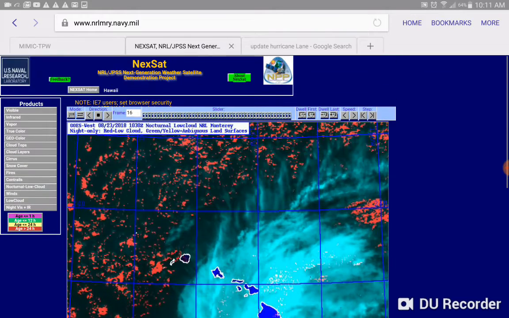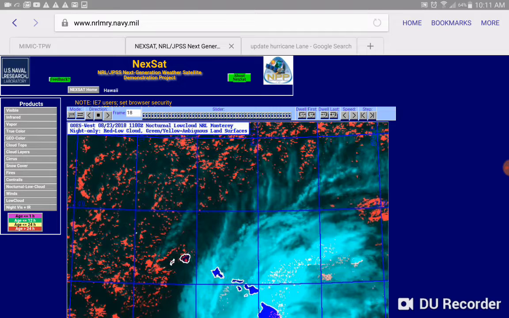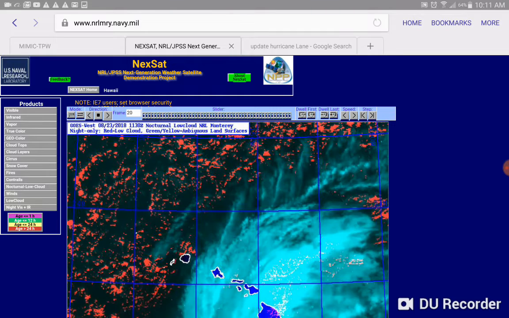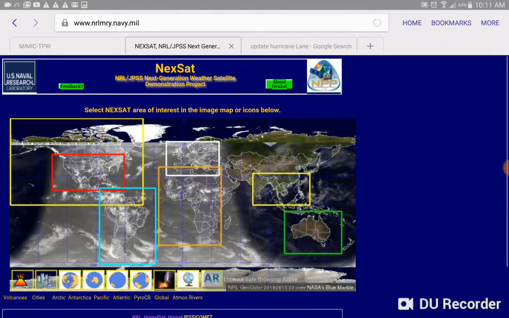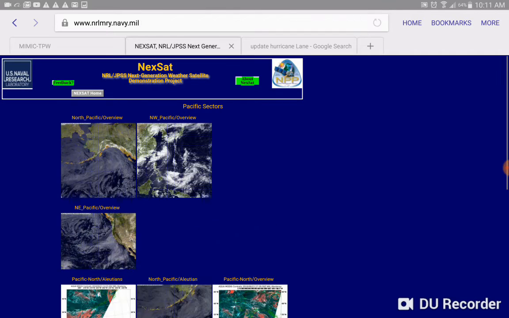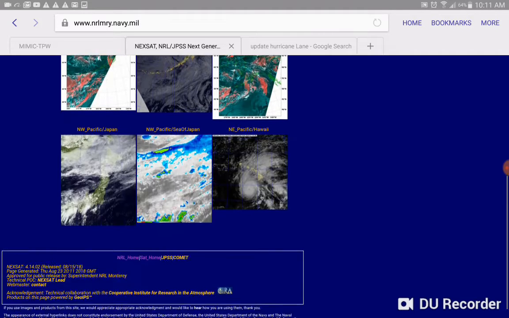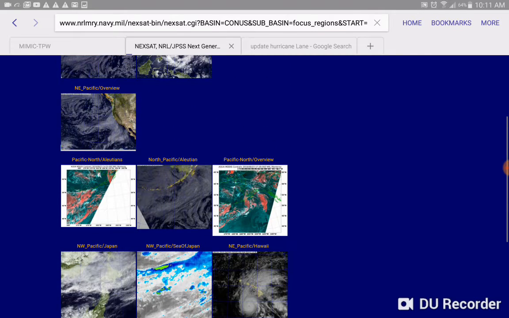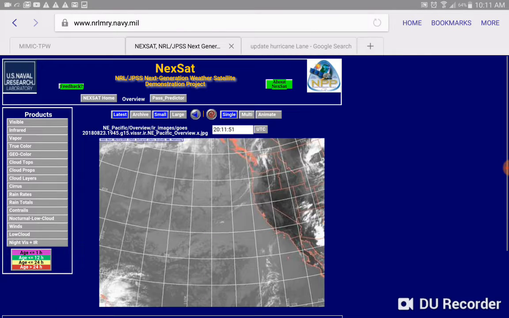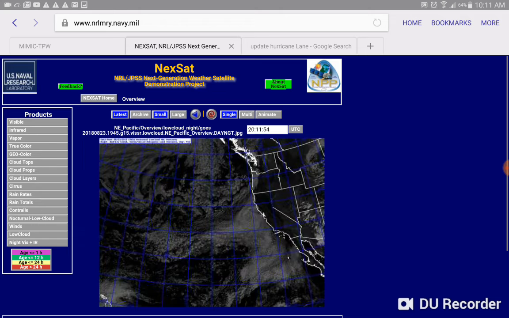So let's look at what's happening in California. I always like to look at low clouds or the infrared and or the visible.